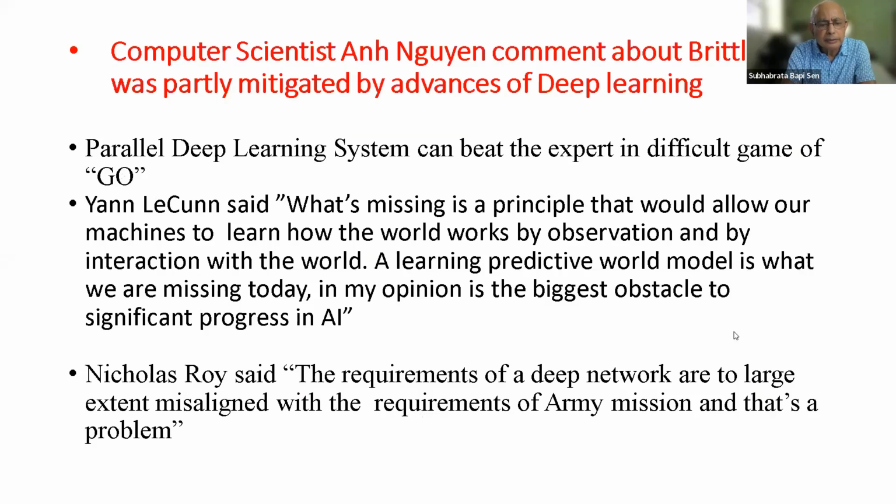And Yann LeCun said, what's missing is a principle that would allow machines to learn how the world works by observation and by interaction with the world. A learned predictive world model is what we are missing today. In my opinion, it is the biggest obstacle to significant progress in AI.